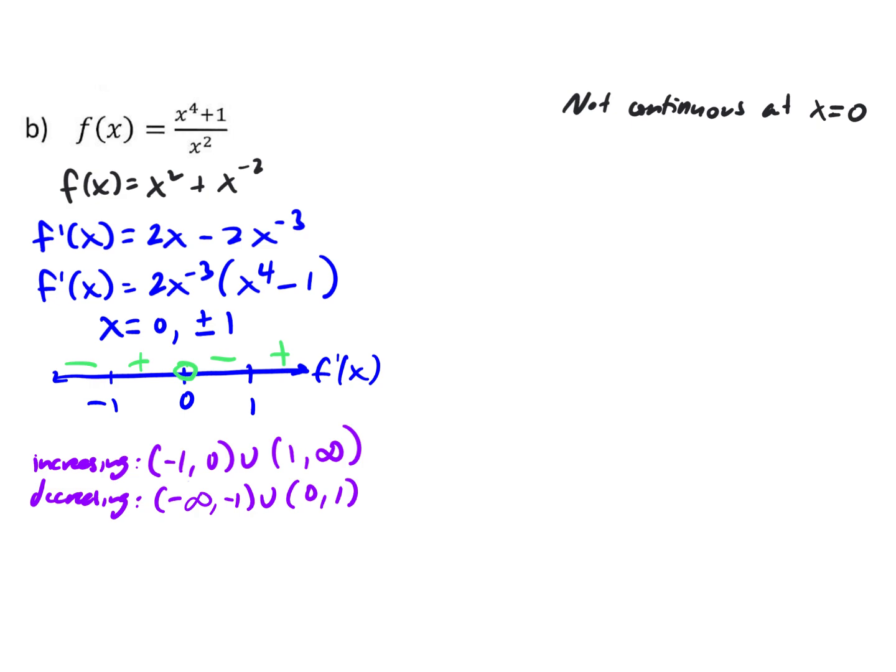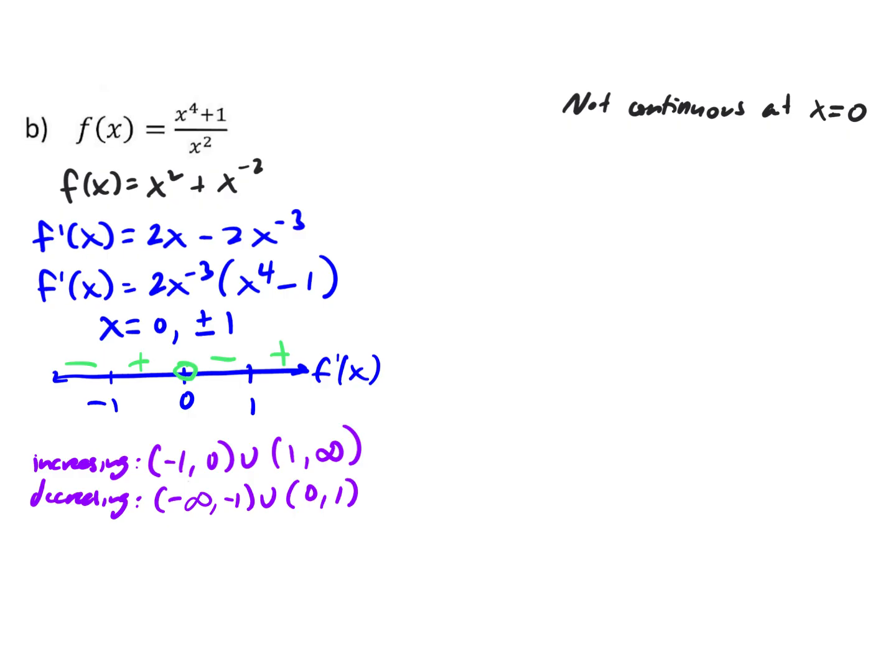All right, when we talk about a max or a min, this is where that gap in our graph is going to come into play. Because there is not a max or min at 0. There is not a point at 0.